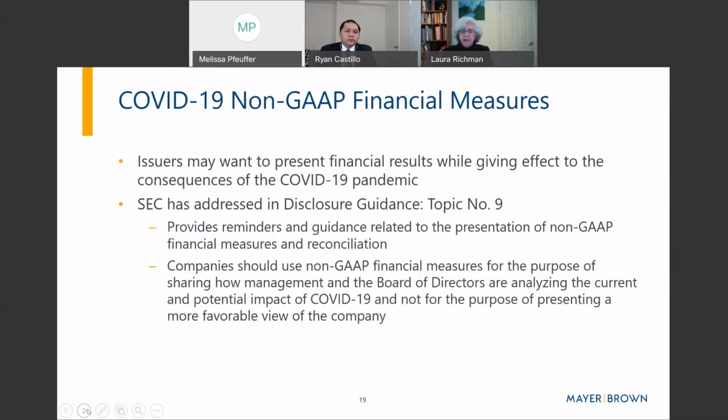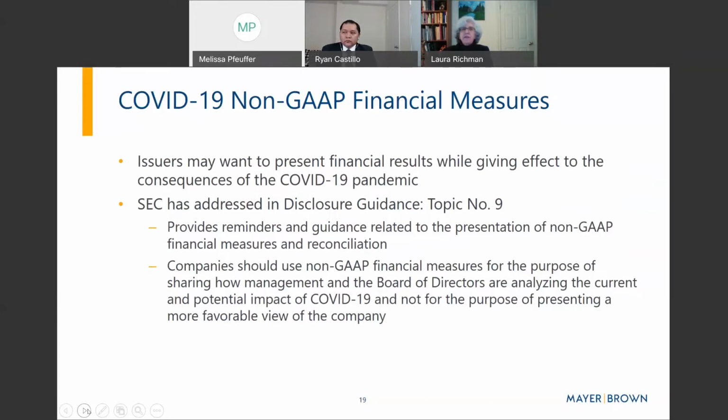And Topic 19 observed that the effects of what management expects future impact to be is evolving, and it recognized that if companies use non-GAAP financial measures and performance metrics, it has to be for the purpose of sharing with investors how management and the board are analyzing the current and potential impact of COVID-19 on the financial statements.